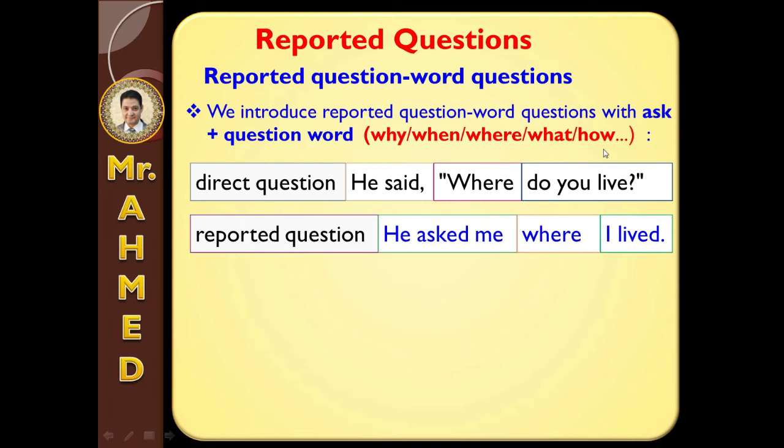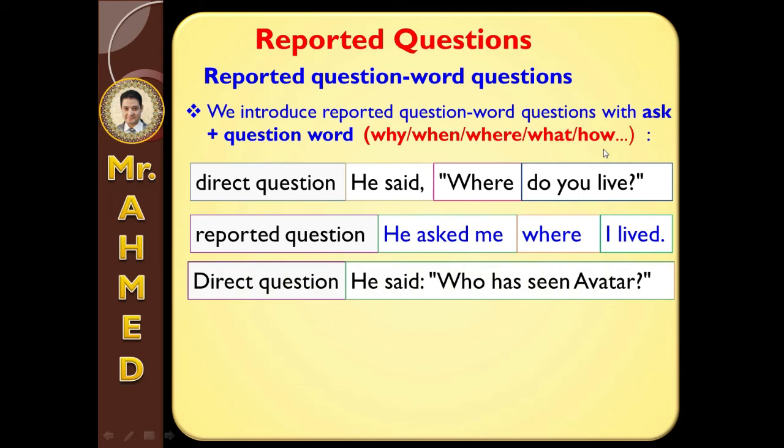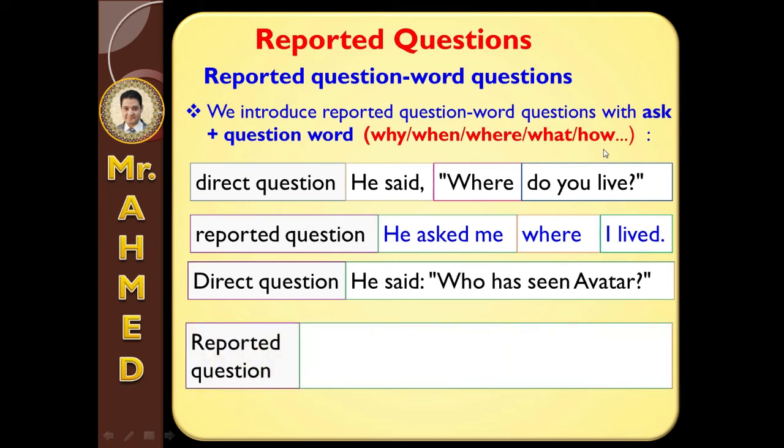The reported question will be: he asked me where I lived. Direct question: he said, "Who has seen Avatar?" Reported question: he asked me who had seen Avatar. Has seen is present perfect, and we changed it into past perfect.